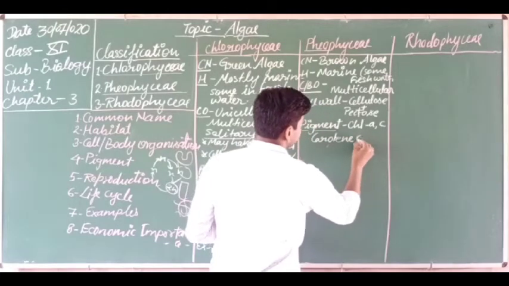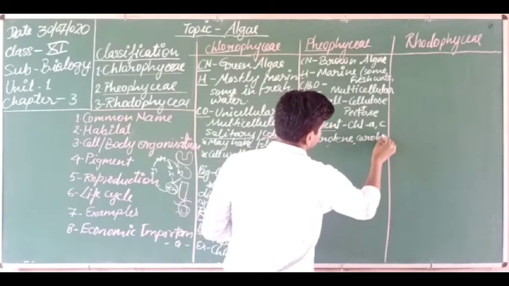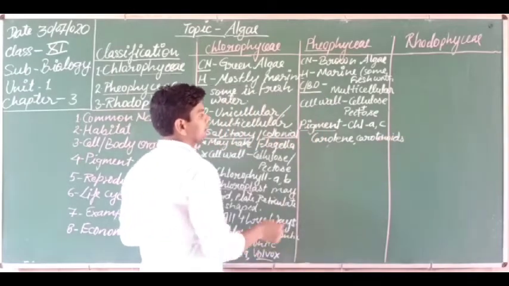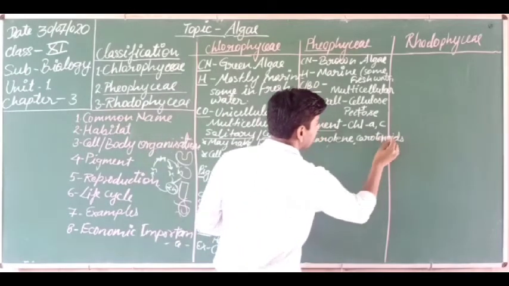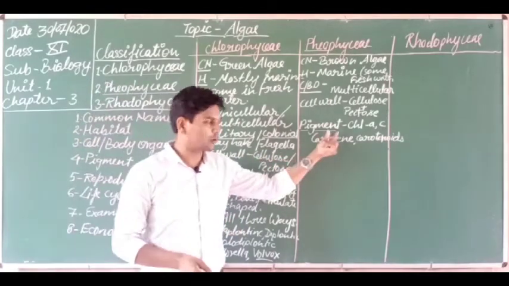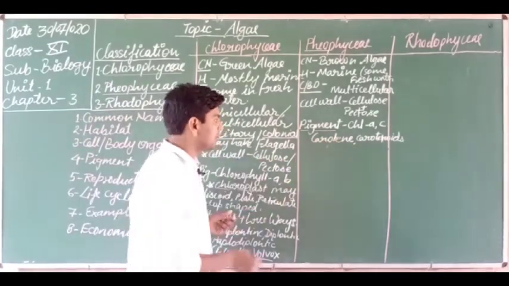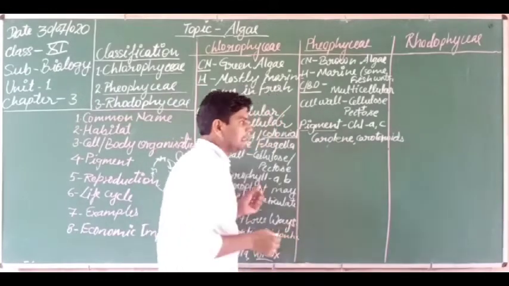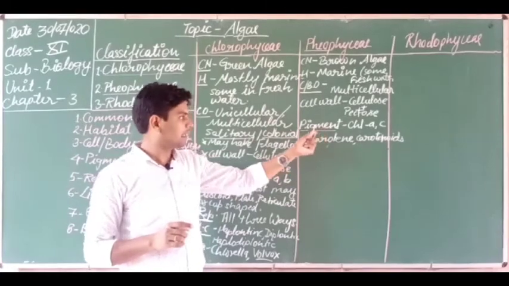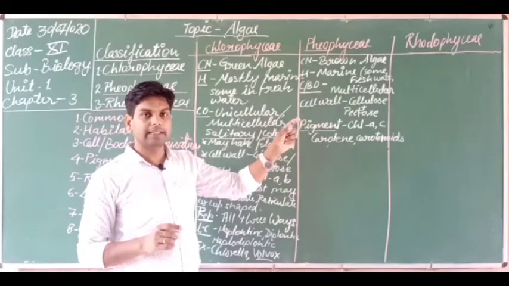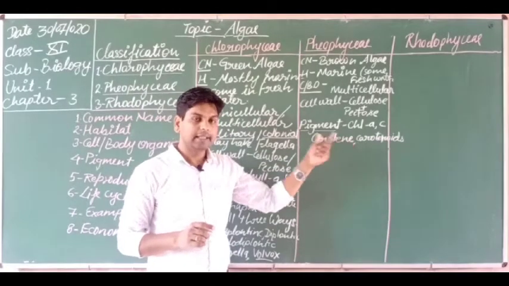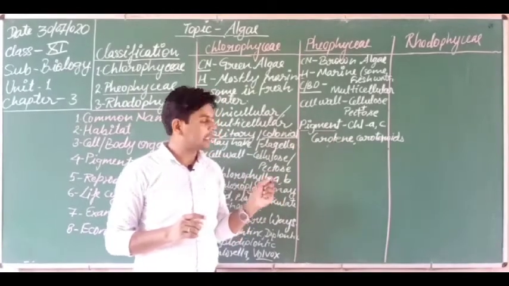Carotenoids, these are pigments other than chlorophyll. What are carotenoids? Carotenoids are a category of pigments just like chlorophyll. Chlorophyll is of different types a, b, c, d. Just like it, carotenoid is another pigment. It is derived from carotene.